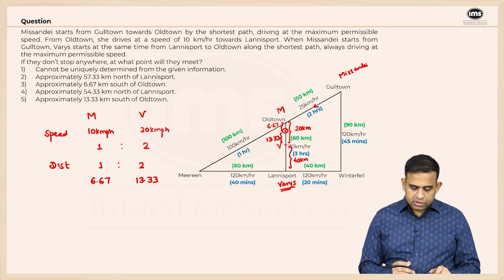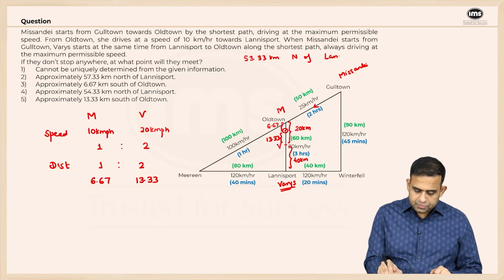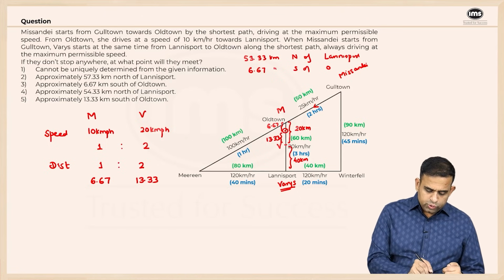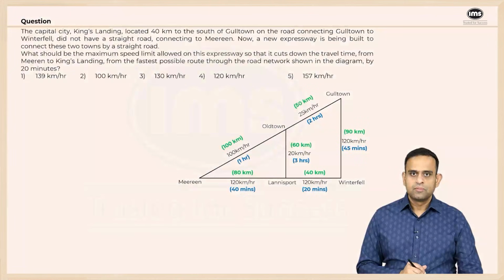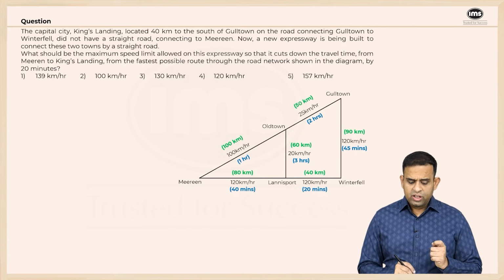So 53.33 kilometers north of Lannisport can be one answer, or 6.6 kilometers south of Old Town. If I look at the options over here carefully, I should choose to mark option number 3 as the answer for this question.